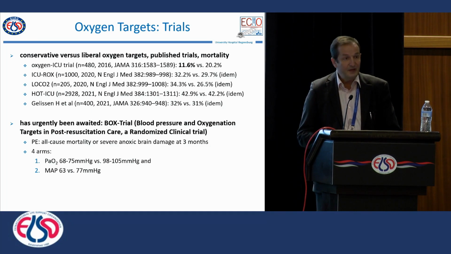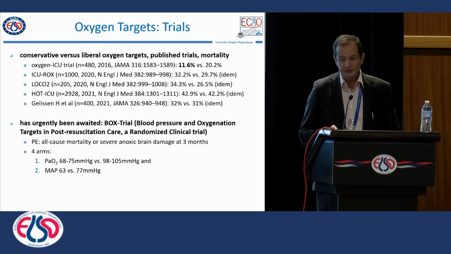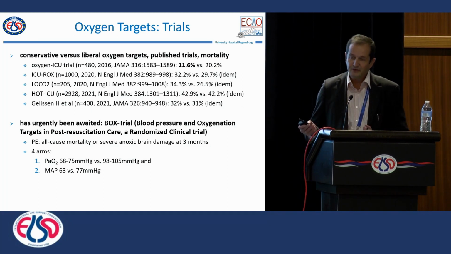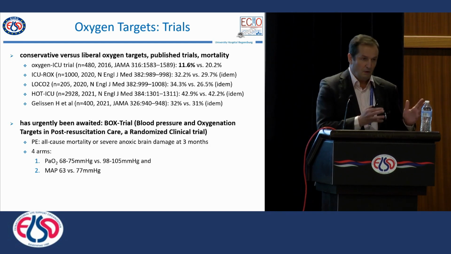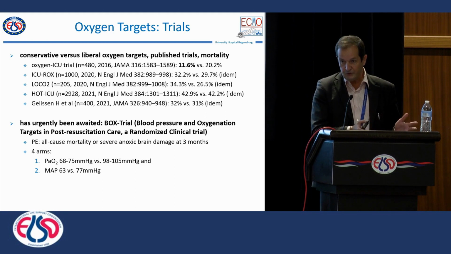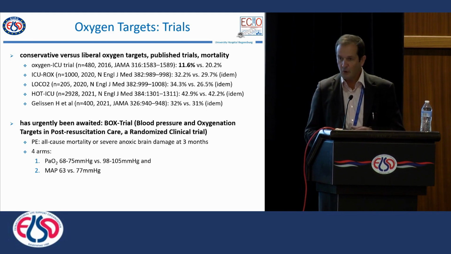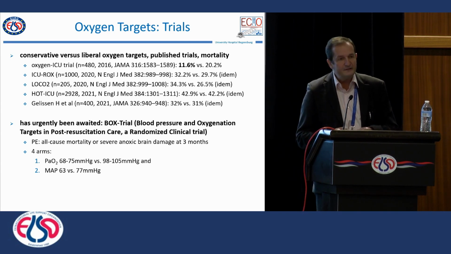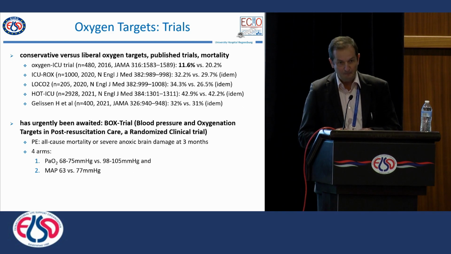And that is also why we have a number of trials, I'm not going into detail, which try to find out, is it better to have our patients in the ICU on a liberal oxygen or on a more conservative oxygen PaO2. More or less there was no difference. Whether you go conservative or liberal oxygen targets, there was no big difference.